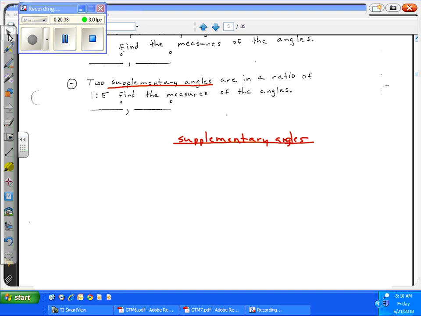We're supposed to know the definition, and that definition is that supplementary angles. Remember how we did that, knowing the difference in complementary and supplementary. Supplementary is S, which is kind of the shape of an 8. Supplementary angles have the sum of 180. Now, it's 2 angles whose measures have the sum of 180.